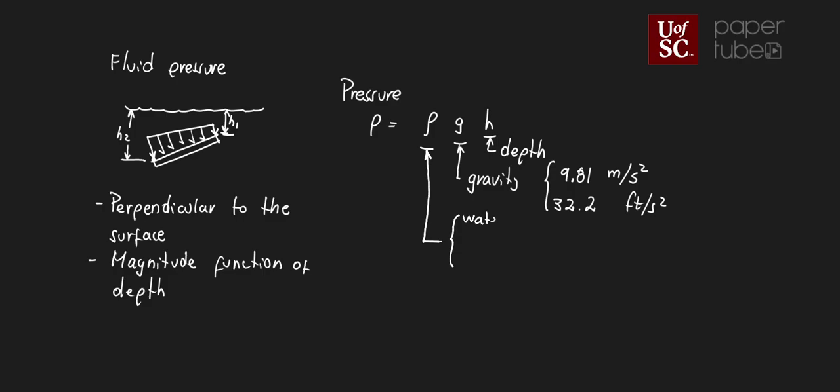We have that this is 1,000 kilograms per cubic meter, or about 62.4 pounds per cubic foot. So those are the values that we have. And once again, remember, one of the assumptions that we have is that the fluid is actually not moving. Once the fluid starts moving, things change quite a bit.